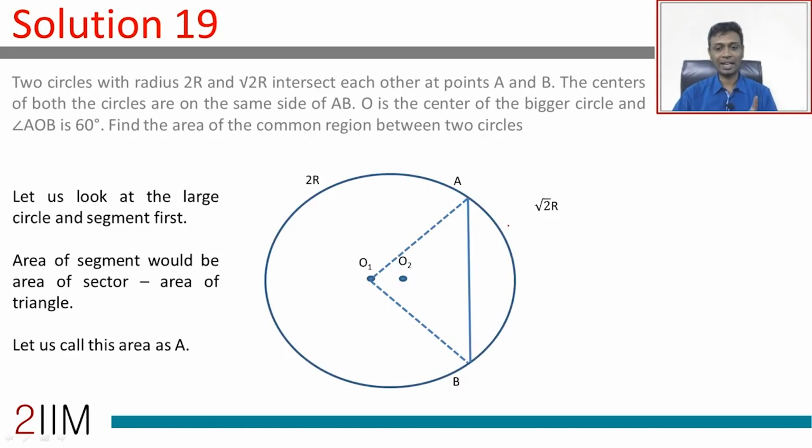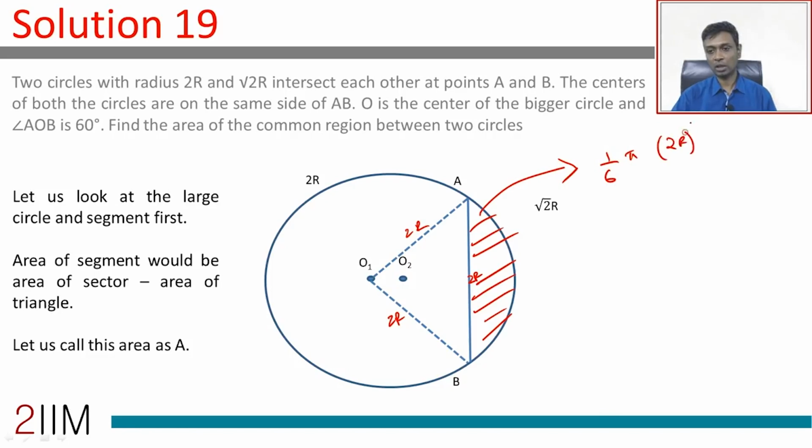Let's look at the large circle first. So large circle, this is 2r, 2r, 2r. We want the area of the sector minus area of triangle. Area of sector is 1/6 of pi into 2r whole square minus root 3 by 4 into 2r whole square.